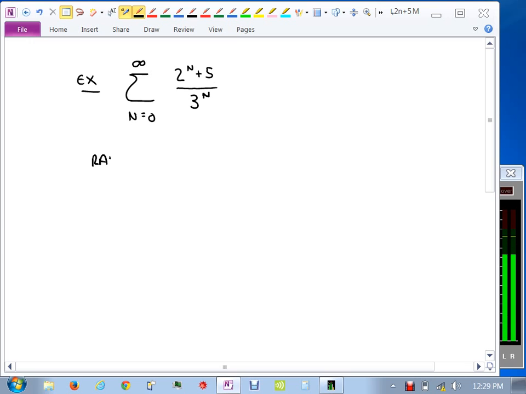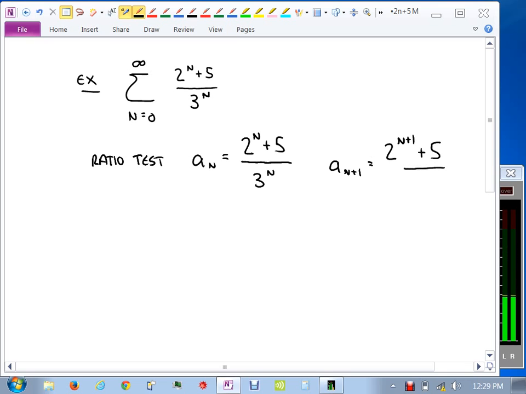With the ratio test, I'm going to choose a sub n equals 2 to the n plus 5 over 3 to the n. So tell me what a sub n plus 1 would be. 2 to the n plus 1 plus 5 over 3 to the n plus 1.